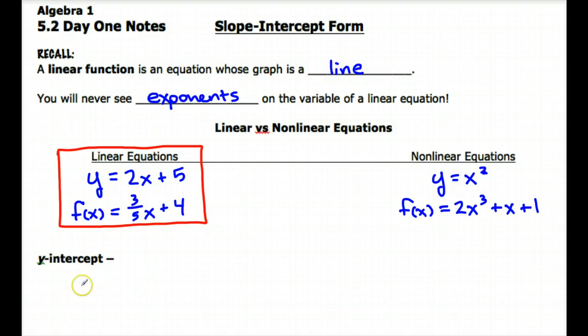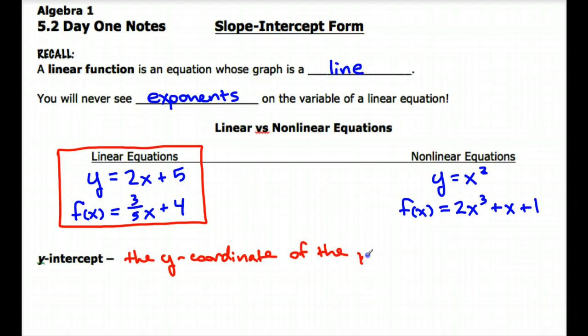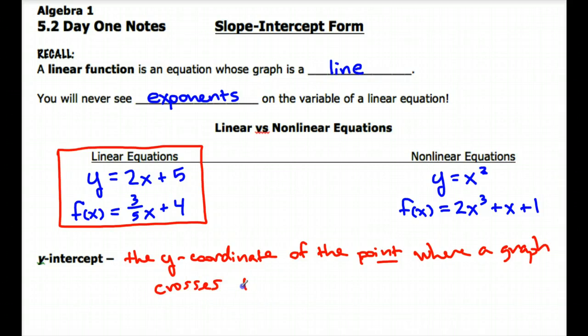One vocabulary term that I want to define starting in this lesson, this will be something we'll be coming back to from now on over the next couple of years, is the term y-intercept. What we mean by y-intercept is the y-coordinate of the point where a graph crosses the y-axis.